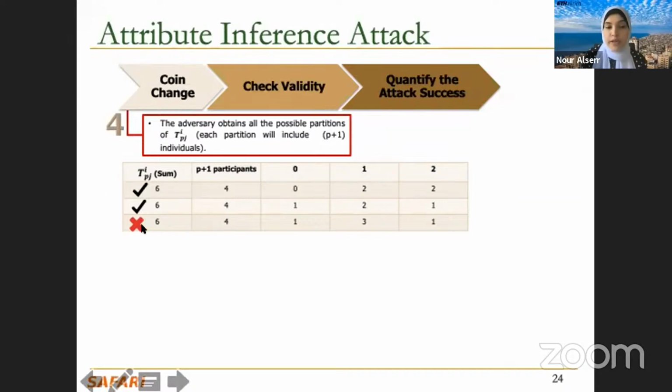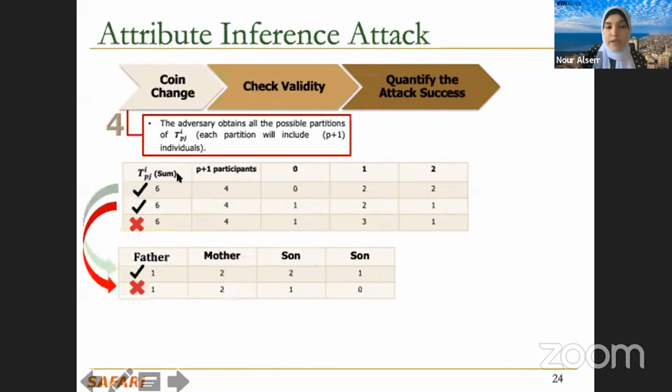Of course, we have many other partitions, but here we show a simple example. After that, he will keep the correct partitions and find the permutations for each one of these. For example, the 6 can be 1, 2, 2, 1, or 1, 2, 1, 0, based on these two partitions, right?